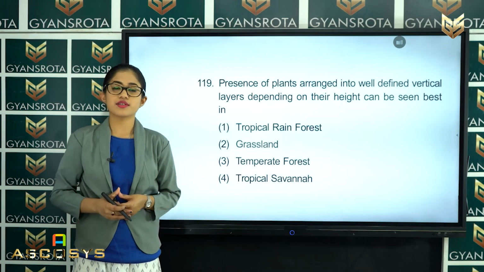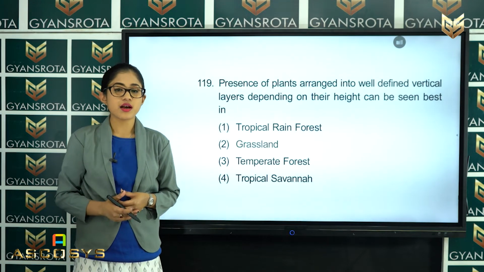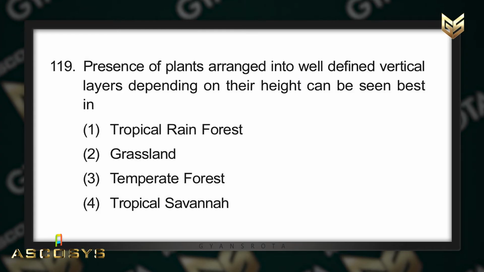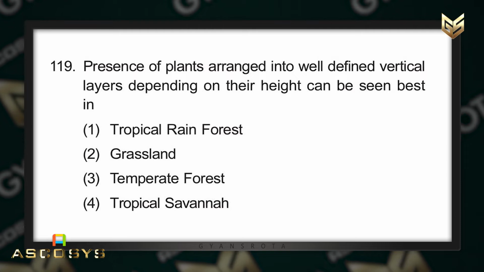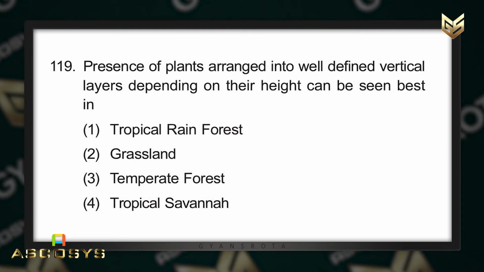Now, in the next question, that is question number 119, the presence of plants arranged into well-defined vertical layers depending on their height can be seen best in tropical rainforest, grassland, temperate forest, or tropical savanna.